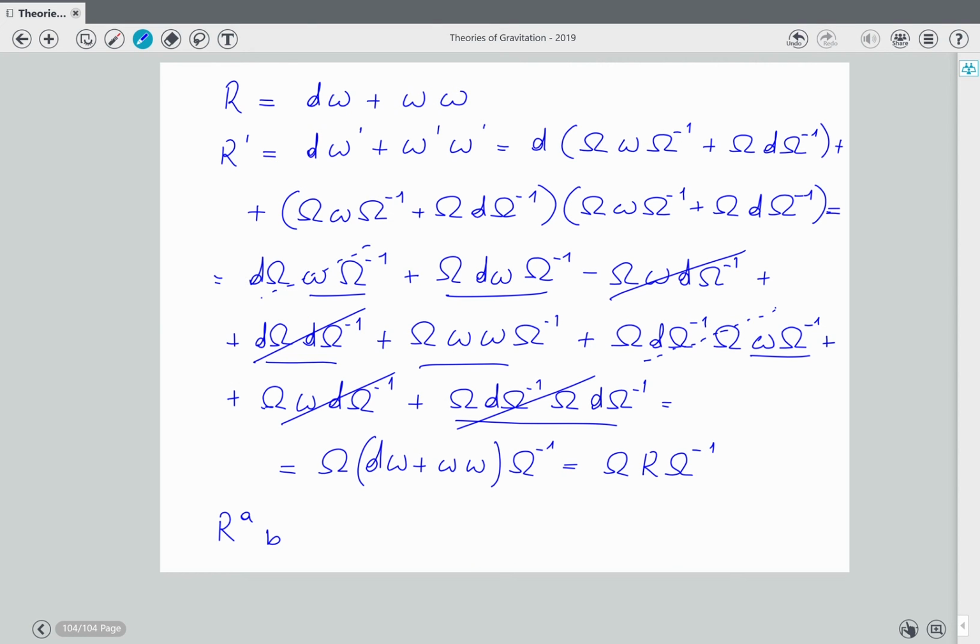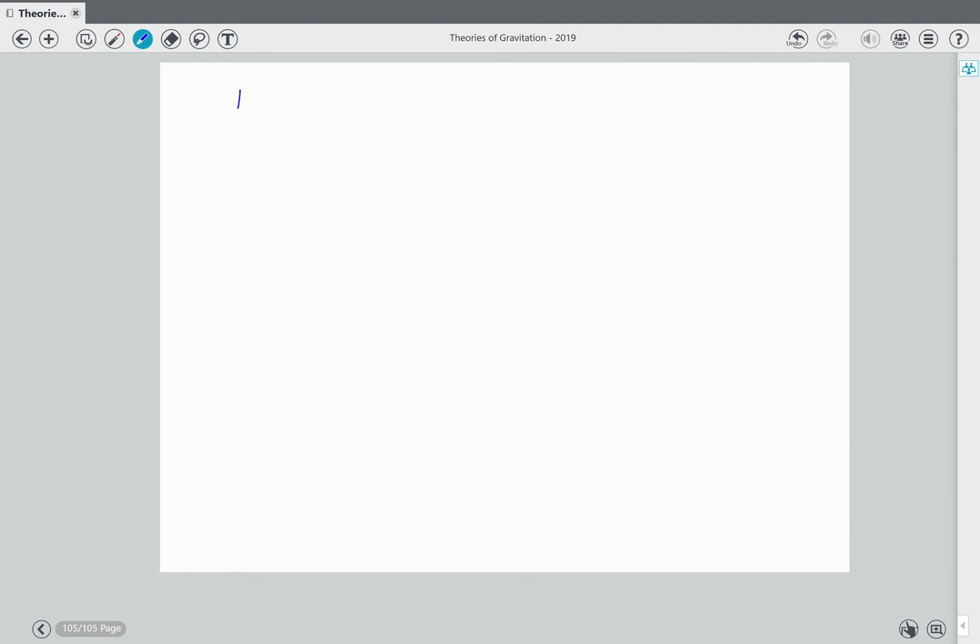Another thing that we can write is from the torsion, which we saw previously, and the transformation of the field by, and the transformation of the torsion itself.